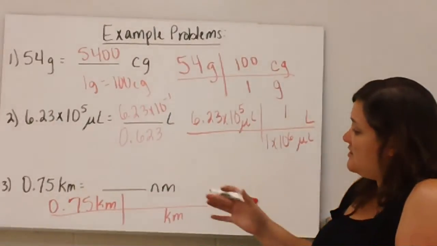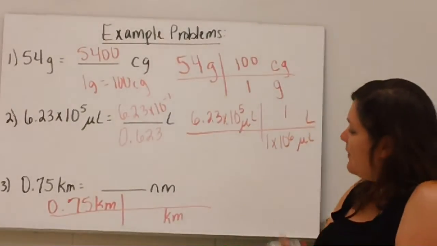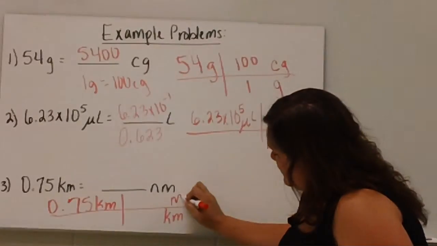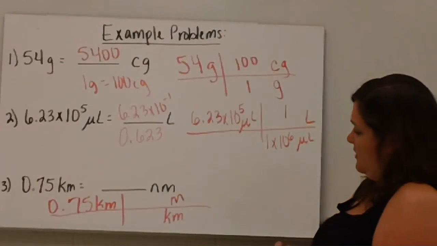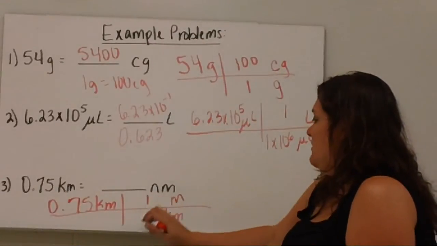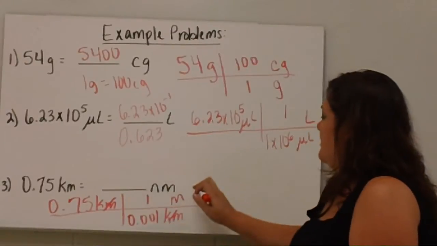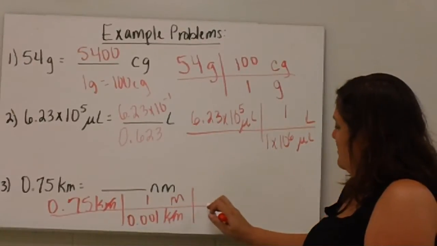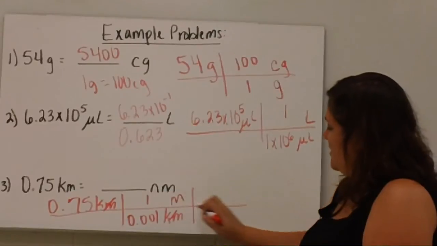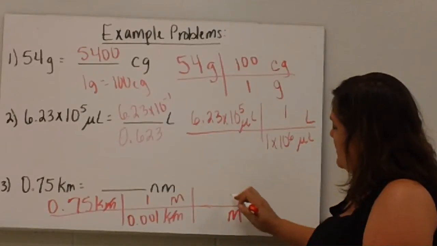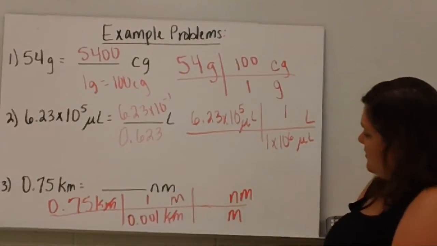So I'm going to do this in 2 steps, since I know how kilometers are equal to meters. I'm going to go to meters to begin with. And I know that 1 meter is 0.001 kilometers. Now I can change my meters, since they're on top here, up on the bottom, into nanometers, with nanometers up on the top.